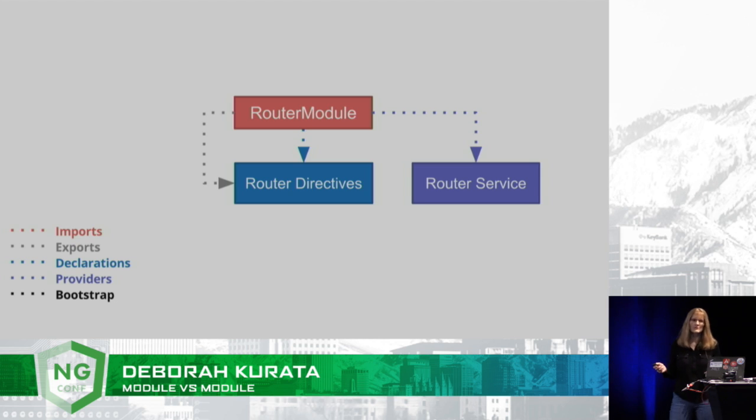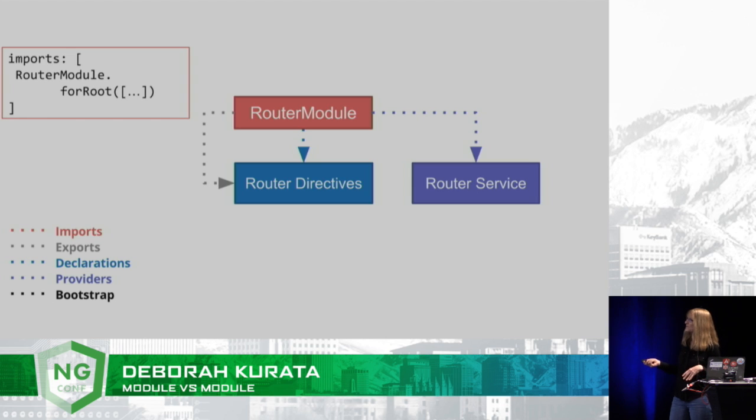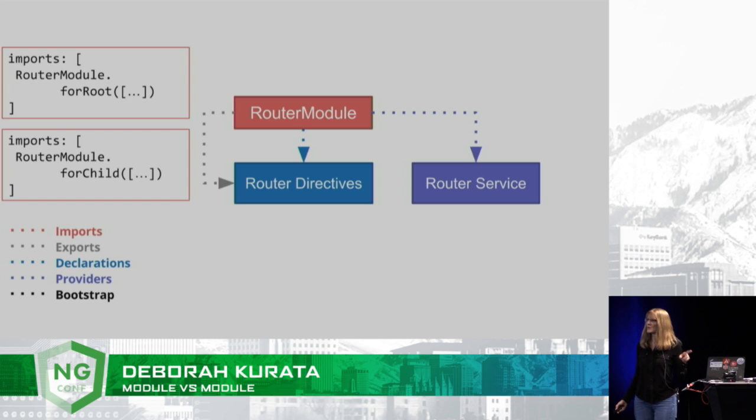So when we pull in router module, the very first time we pull it in, we use forRoot. And what that does is it configures all of the routes we pass to it. It provides us access to all of those router directives, and it registers the router service. If we need the router module in other Angular modules that we're going to write, we use forChild instead. And again, we pass it a set of routes.